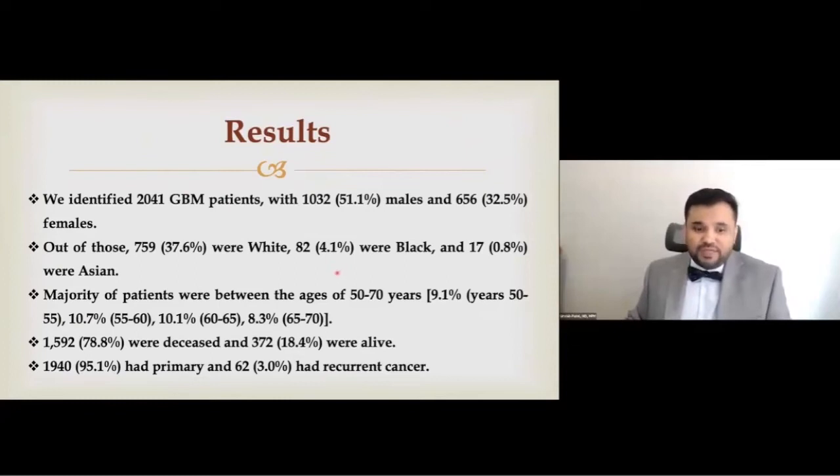The majority of patients were between the age group of 50 to 70 years. The distribution was 9.1% between 50 to 55, 10.7% between 55 to 60, 10.1% between 60 to 65, and 8.3% between 65 to 70. So this is the major distribution of this tumor, between 50 to 70 years of age.